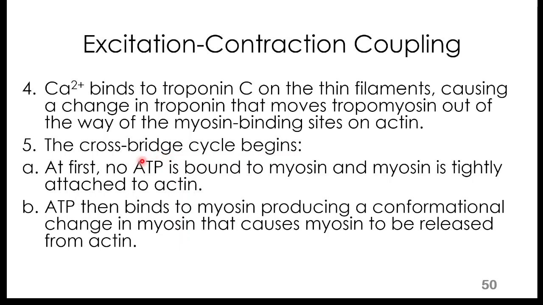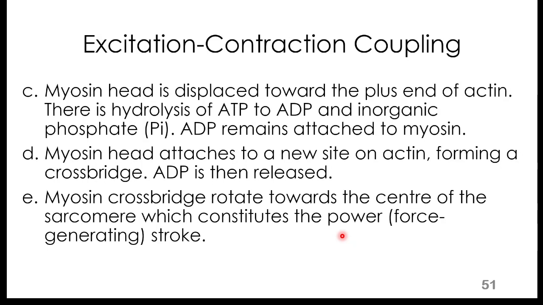At first, no ATP is bound to myosin. The myosin is tightly attached to actin. Then ATP binds to myosin, producing a change in myosin that causes myosin to be released from actin. The myosin head is displaced towards the plus end of actin.